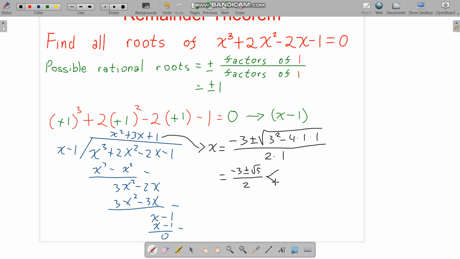Right, so we have the roots. Okay, we're looking for all roots, so the answer is therefore the rational root is plus 1, and the irrational roots are minus 3 plus root 5 over 2 and minus 3 minus root 5 over 2.